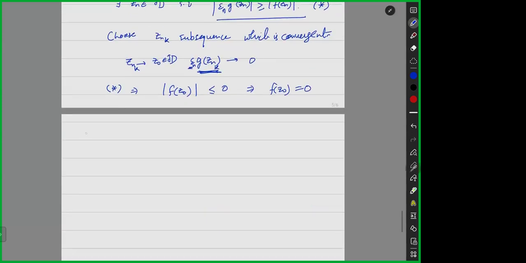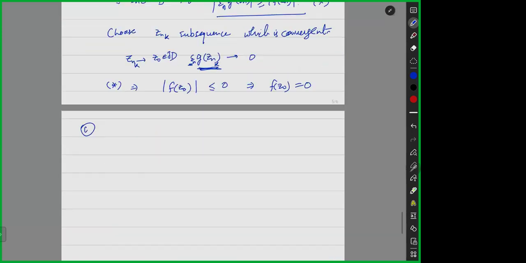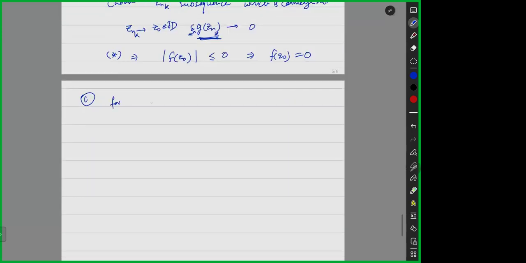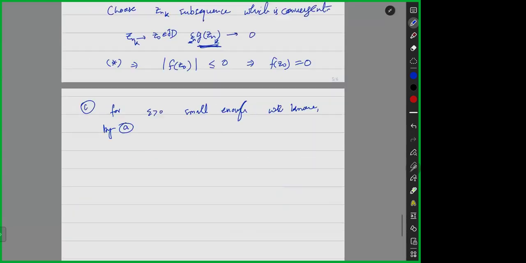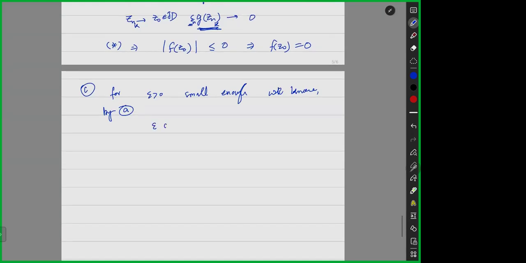For epsilon positive small enough, we know by part A that modulus of epsilon g of z is less than modulus of f of z.